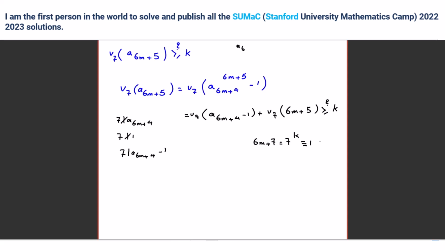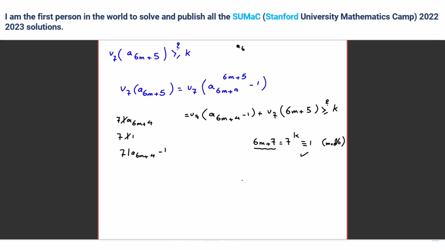Because you can say it's 1 mod 6, right? Yeah, that's how you can multiply it by some numbers. Yes, because 6m plus 7 means 2 times 7 to the k. Yes, or 6m plus 7, these are the numbers that mod 6 are 1, right? And because 7 to the k mod 6 is 1, so we can create it, right?